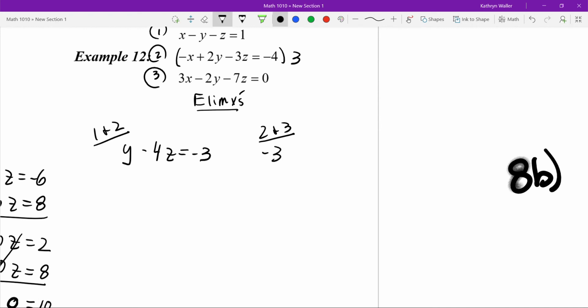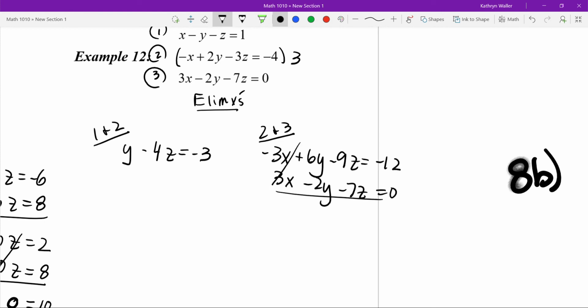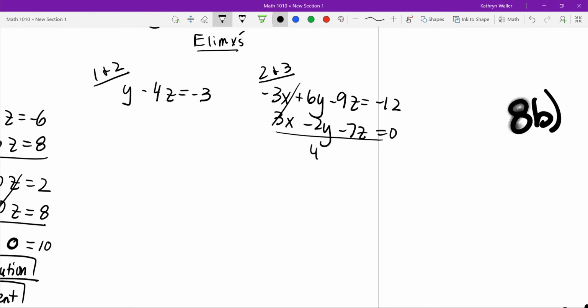So I have negative 3x plus 6y minus 9z equals negative 12. Write down equation 3, 3x minus 2y minus 7z is equal to 0. X's go away, and I have 4y minus 16z is equal to 0.